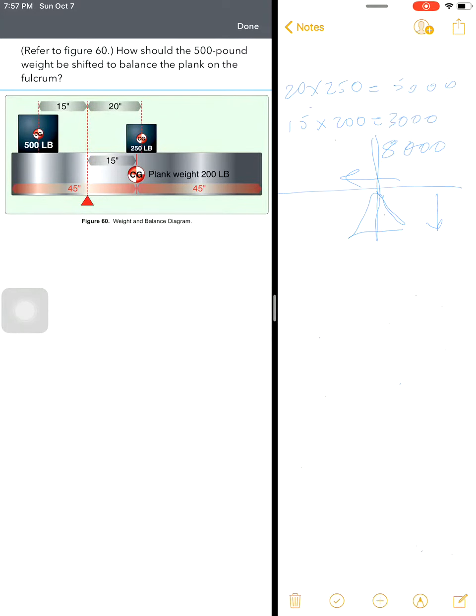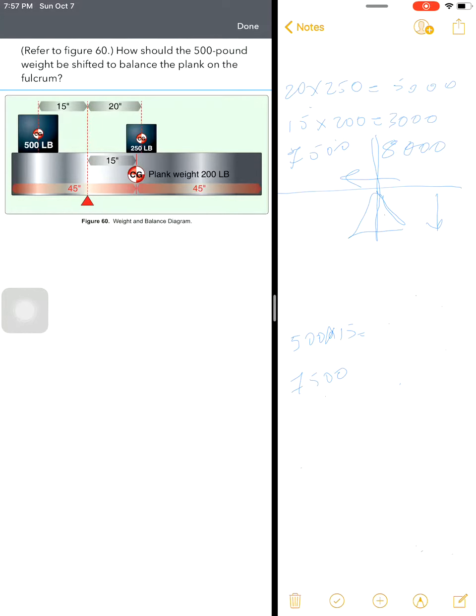So we have 500 pounds. Let's multiply that: 500 pounds multiplied by 15 equals 7,500. So we have 7,500 here.